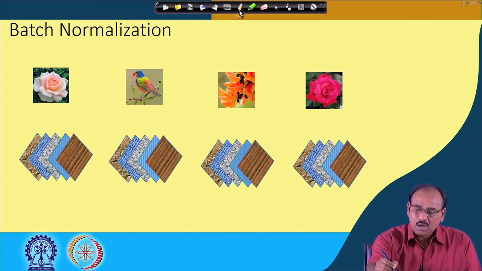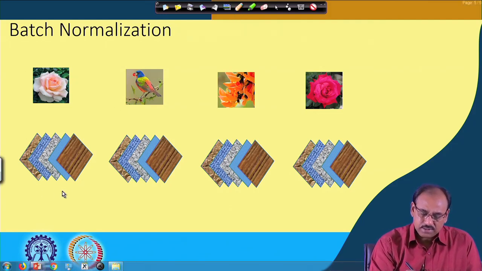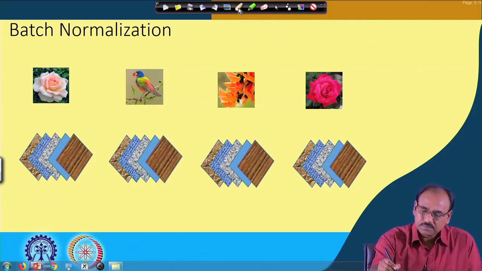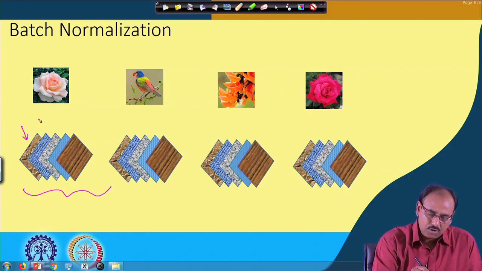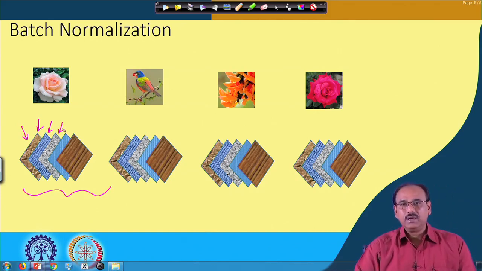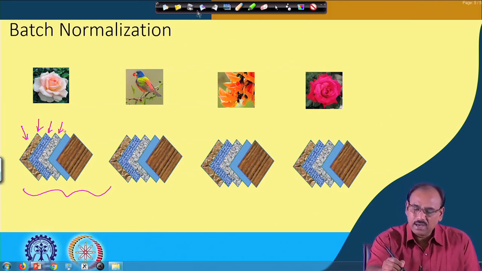Here, each of these textured outputs is actually a feature map generated by different convolution kernels. And in batch normalization, the way you compute the mean and the standard deviation, or mean and variance, is as follows.